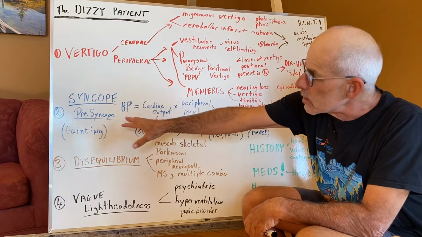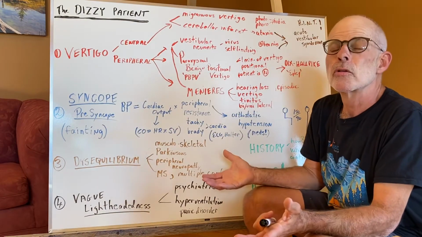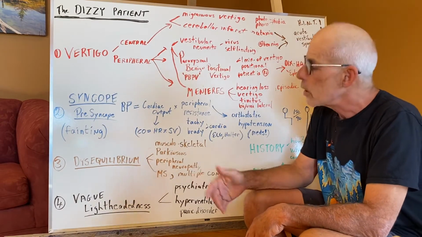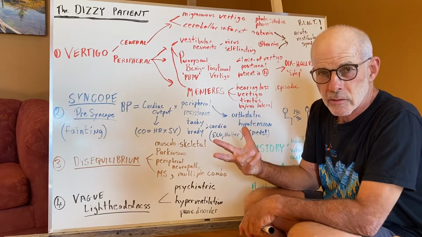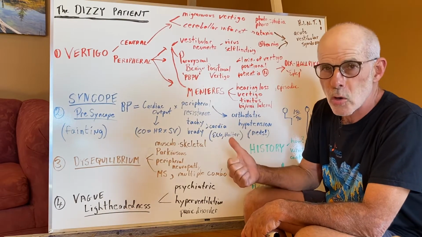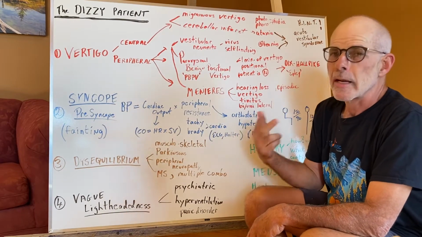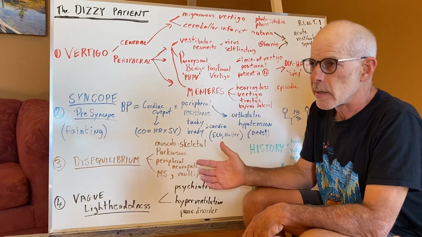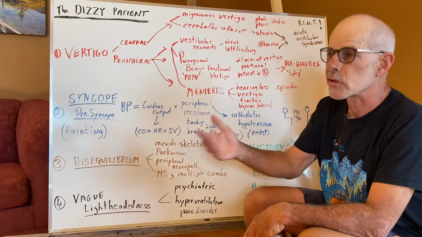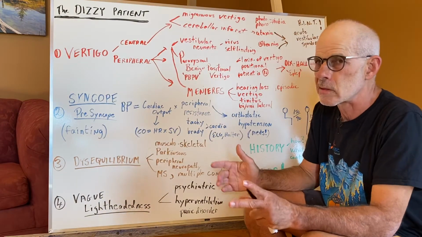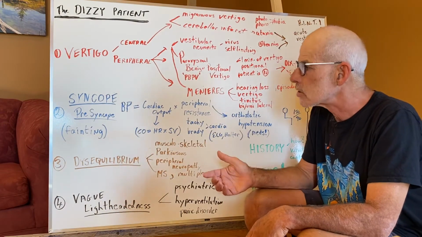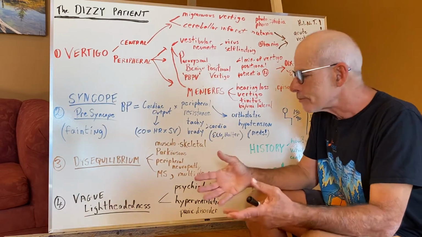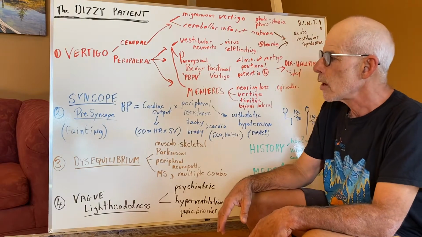Syncope and pre-syncope are when you're fainting, when the brain doesn't get enough blood flow. The brain only needs 3 things to work: it needs glucose, it needs oxygen, and it needs blood flow. Certainly low blood sugar can present with a vague kind of dizziness, but it's usually easily diagnosed and doesn't usually confuse you.